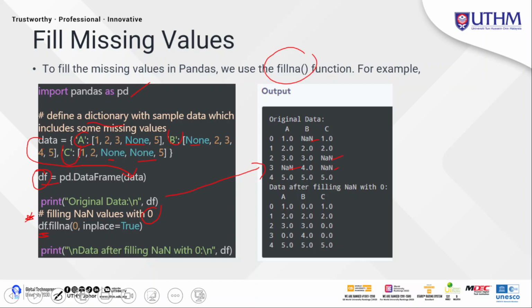So we replace all the missing values with 0. You can see this is the final output. Whatever not a number values, they become 0 now. It's up to you which values you want, but in this case, they just give you an example, 0. They fill up with zeros.